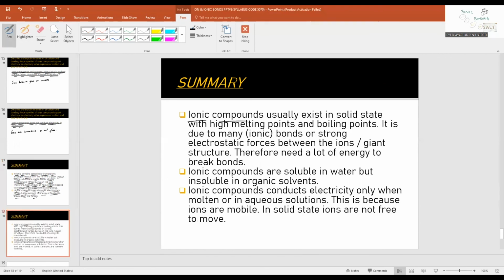Ionic compounds usually exist in solid state with high melting points and boiling points, due to many ionic bonds or strong electrostatic forces between the ions, giant structure, therefore needing a lot of energy to break bonds. Ionic compounds are soluble in water but insoluble in organic solvents. Ionic compounds conduct electricity only when molten or in aqueous solutions, because ions are mobile. In solid state, ions are not free to move.